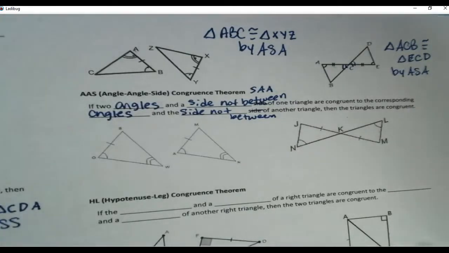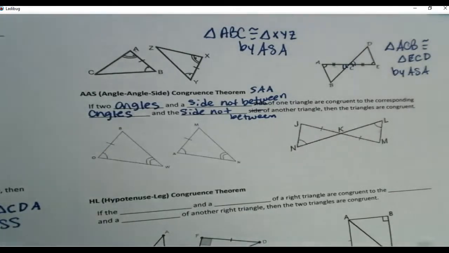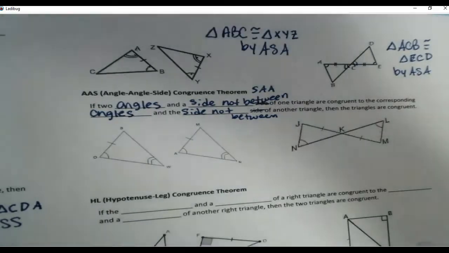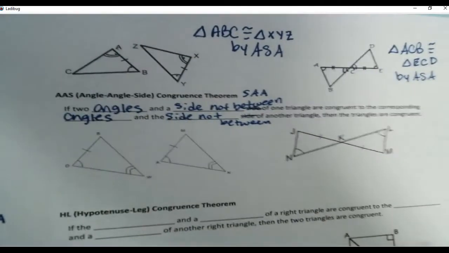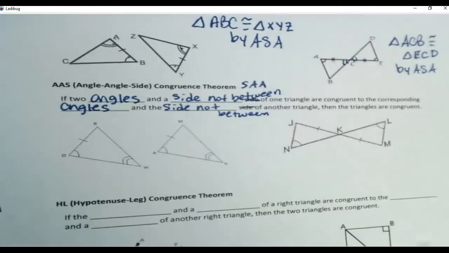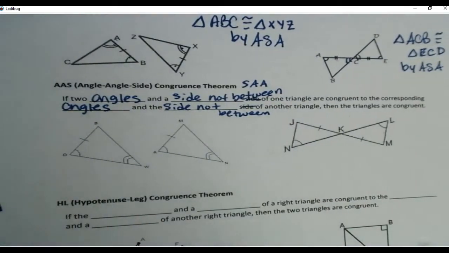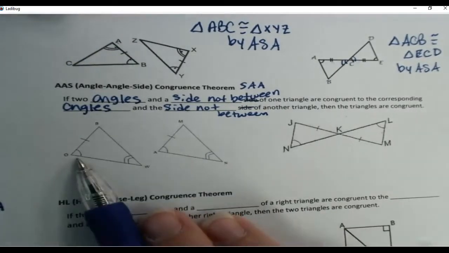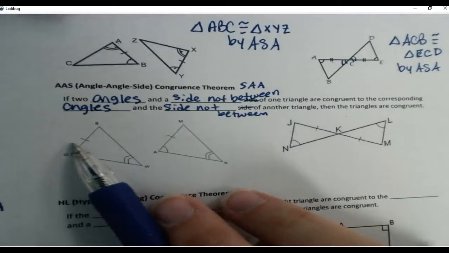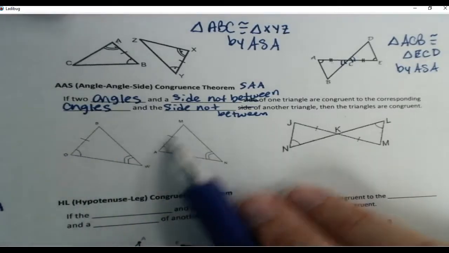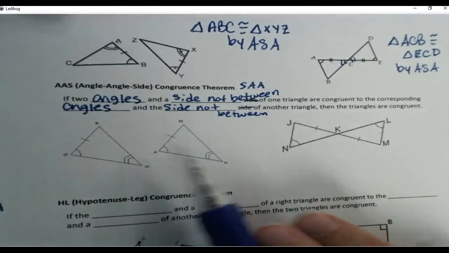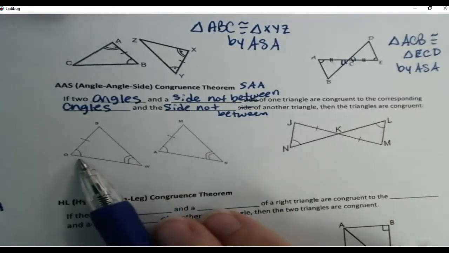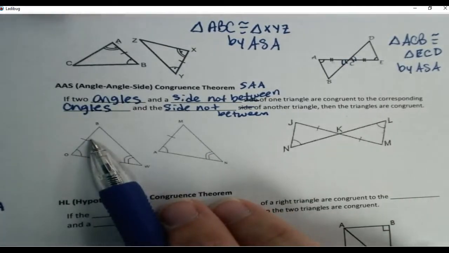So we have two angles and then a side that's not between them. So if we look at this one, we have angles W and N, O and A, and then we have sides OB and AM. So then it's angle, angle, side. Angle, angle, side. Or side, angle, angle.